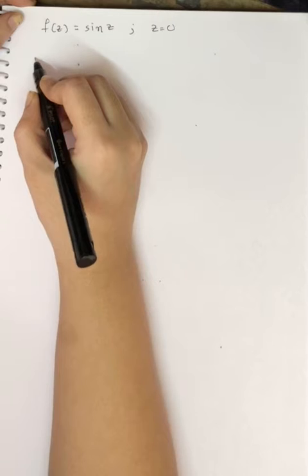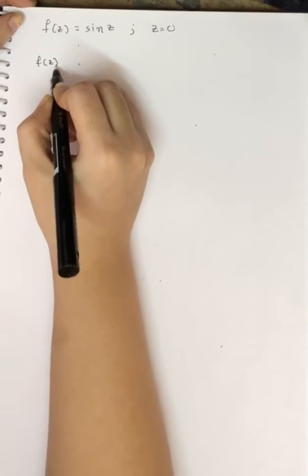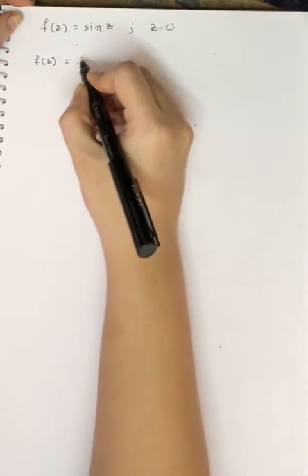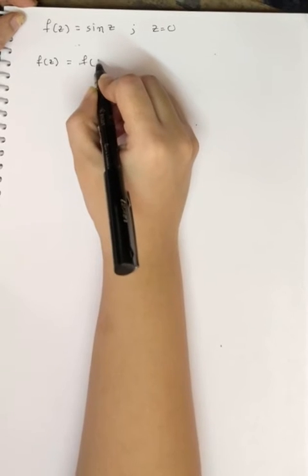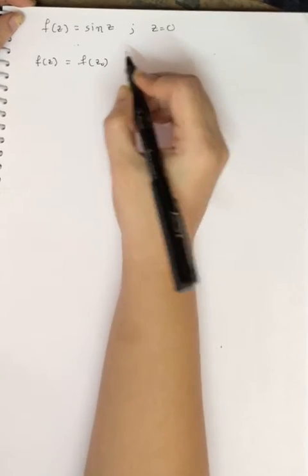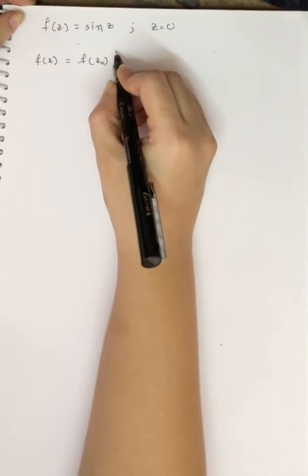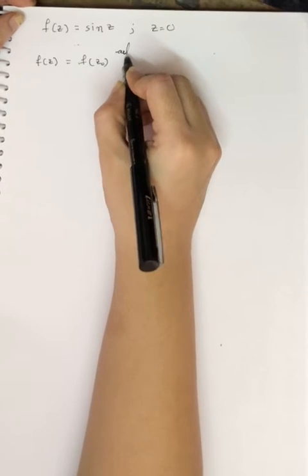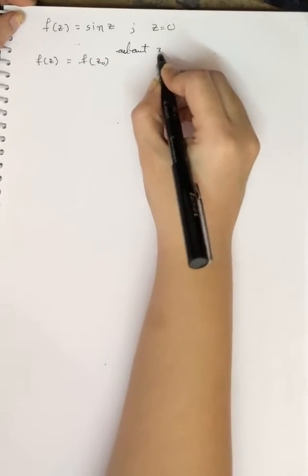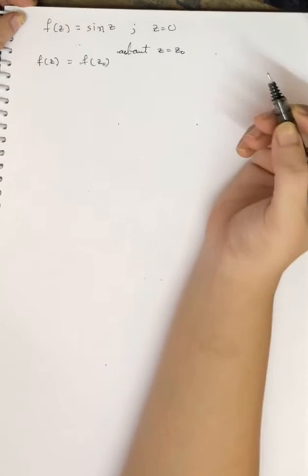So the Taylor series expansion is defined by f of z0. This expansion is about z equals z0.